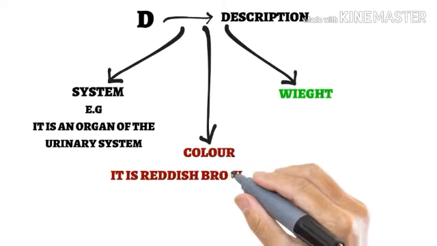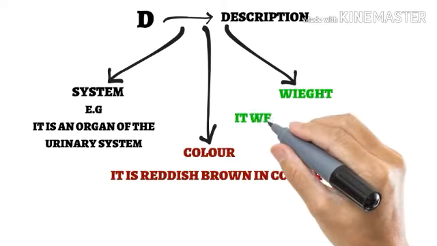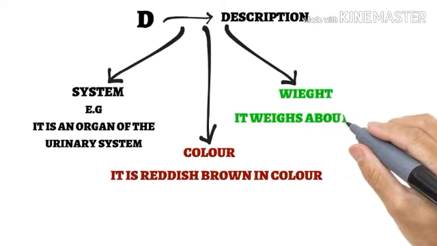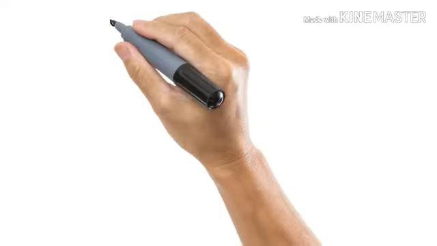Then you come to the color. It is reddish brown in color. And you go to the weight. It weighs about 113 gram to 170 gram. So whenever you are dealing with figures in anatomy, always put about. So you are just expected to give all these three things within a sentence or two sentences.